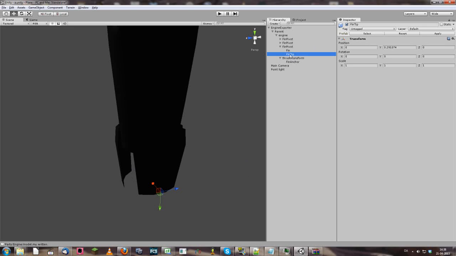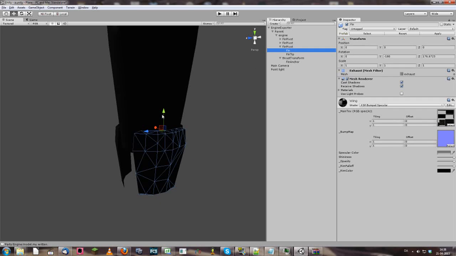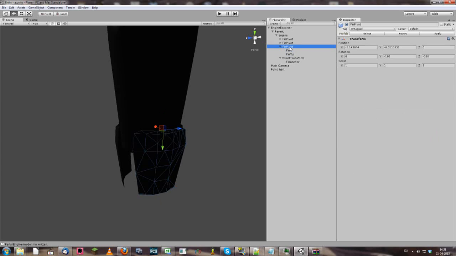Again, the fin tip should be centered around the y-axis of the fin pivot, so x 0, z 0, and y something positive. And again, you can move this every which way. It will affect how it actually behaves.